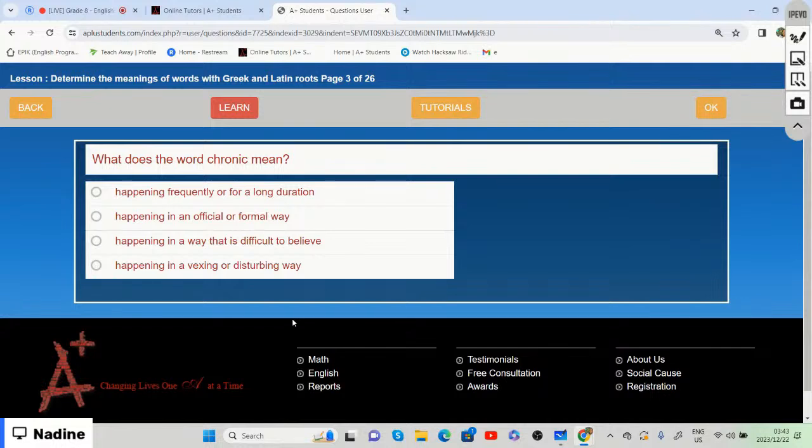Is it happening frequently or for a long duration? Is it happening in an official or formal way? Happening in a way that is difficult to believe? Or is it happening in a vexing or distributing way?